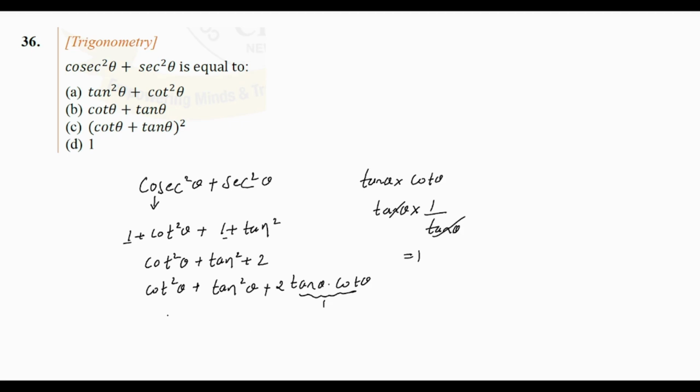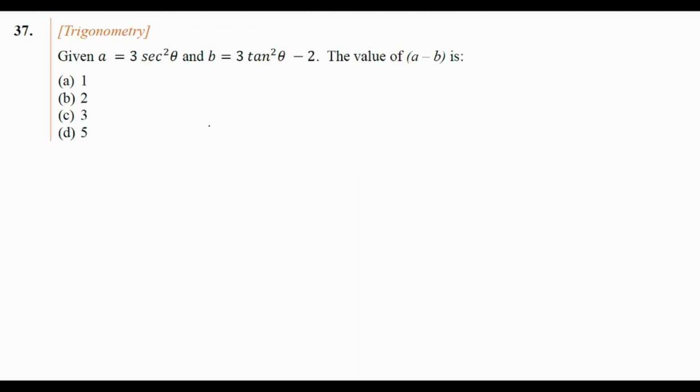It looks like the identity a square plus b square plus 2ab, which is equal to a plus b the whole square. So similarly here I can write this as cot theta plus tan theta the whole square. Clear, children? Yeah. So now let us take the next question.